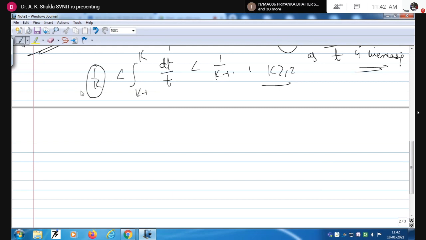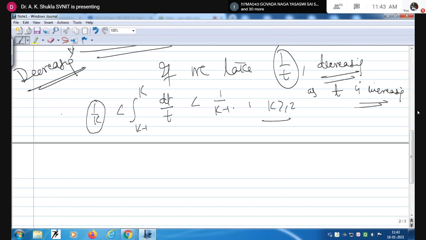So it means 1 upon 2, 1 upon 3, 1 upon 4, 1 upon 5, 1 upon 6. Adding 1 and subtracting 1, when we add, this becomes your Hn, as we consider here.